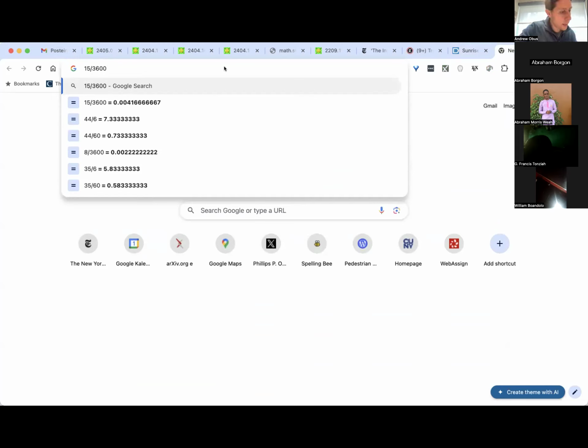So 15 seconds is roughly 0.0042 hours. Altogether, the total is going to be about 11.737 hours. Let's say that's our minimum.